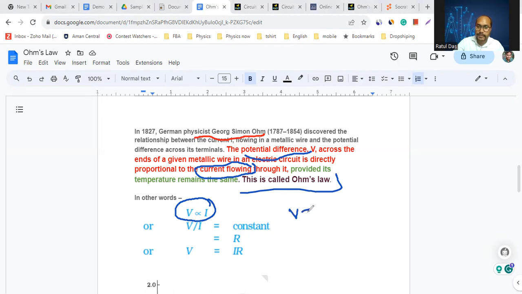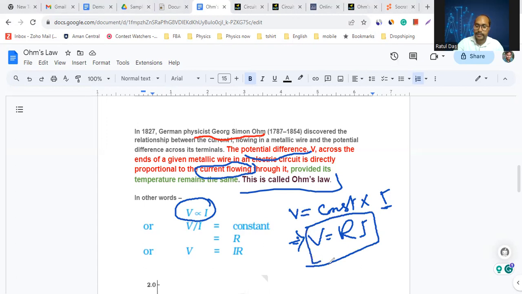You can say V equal to constant into I. Now let's take the name of the constant as R, then you will get the final equation. So our final equation is V equal to RI.